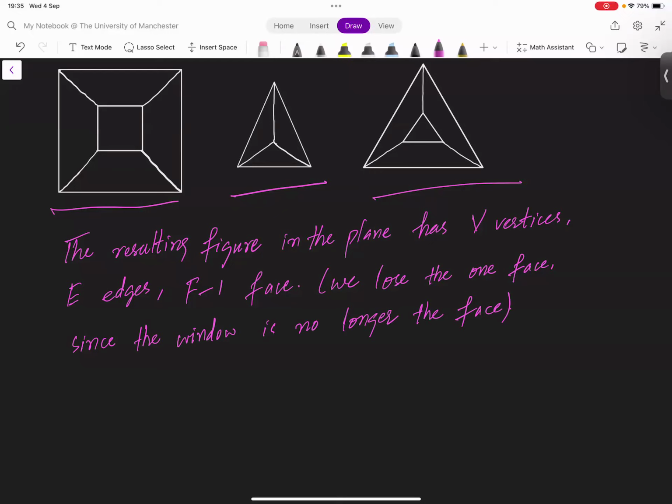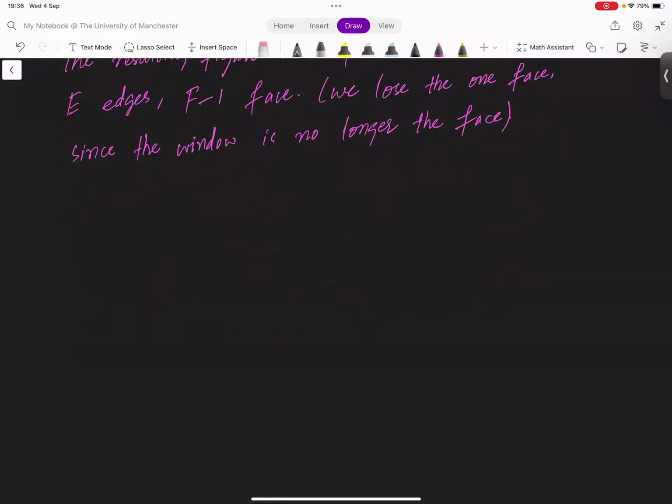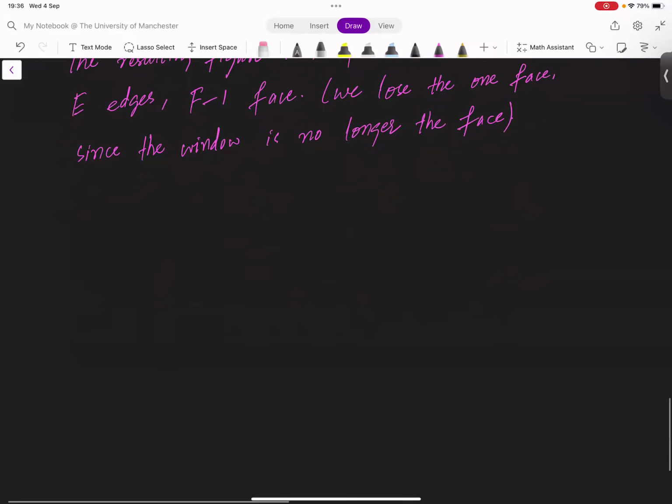Right? So it is a connected plane graph in the sense of the following definition.